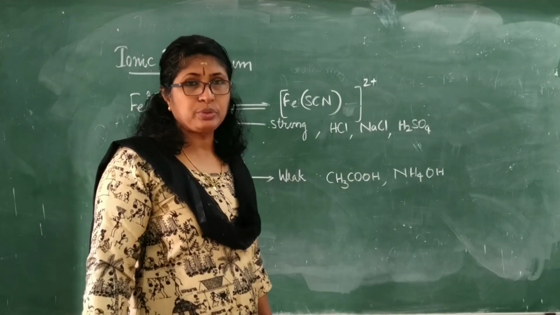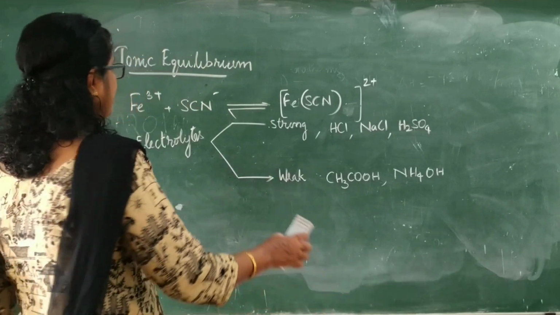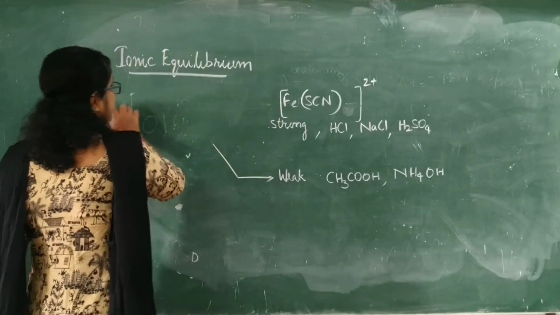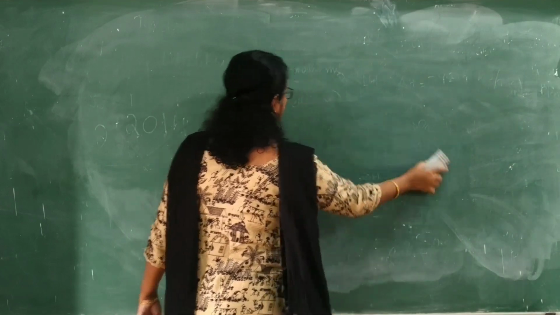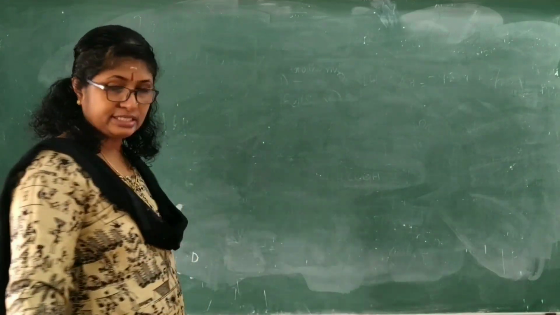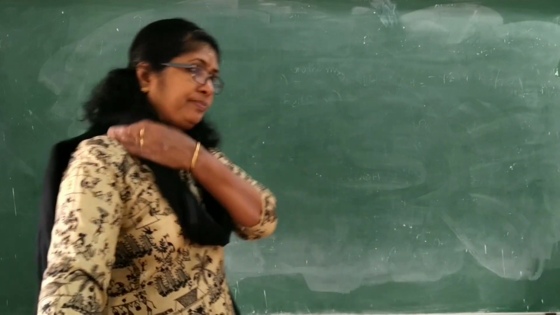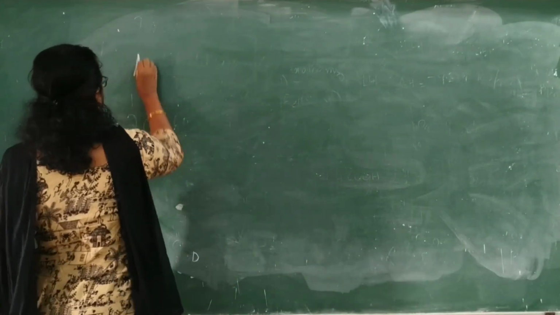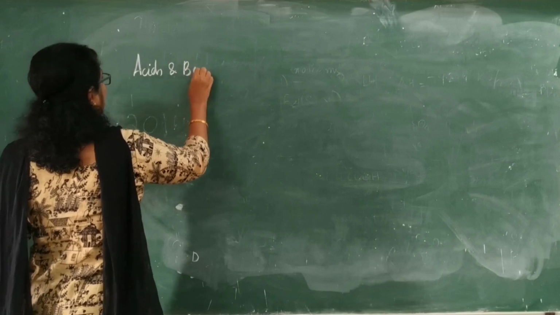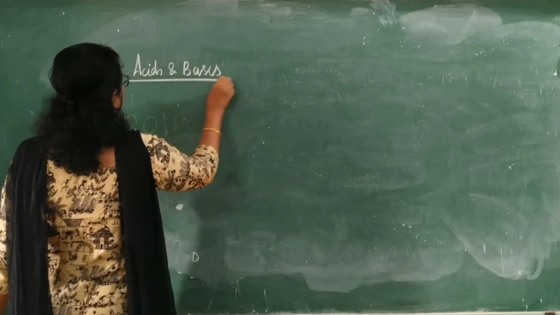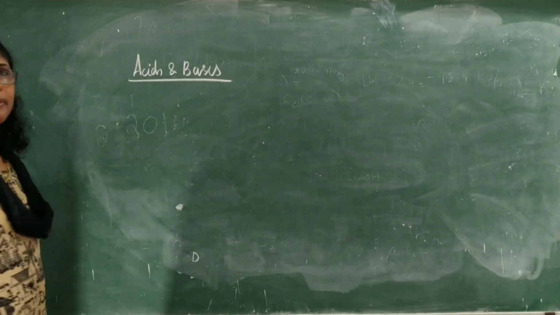Now we are going to define acids, bases and salts, acids and bases according to the dissociation, etc. There are different definitions for acids and bases, and we are going to study them.